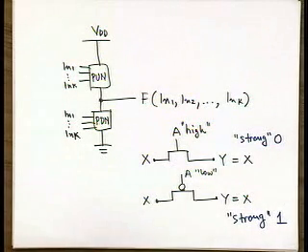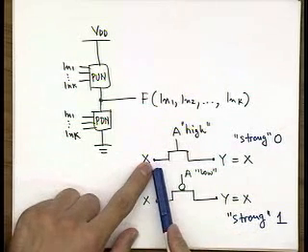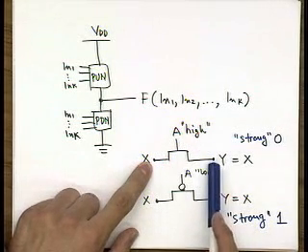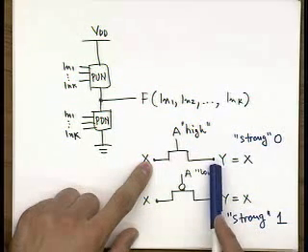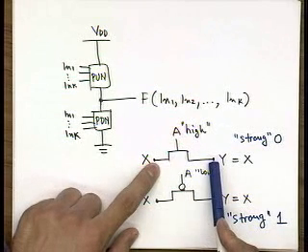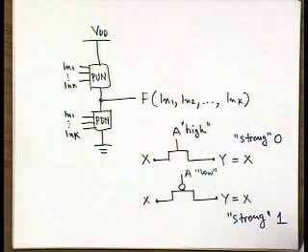You remember this because if you assume that X is high and A is high, then you can't reach higher than VDD minus VT over here. You have the threshold voltage drop from the NMOS. But when X is ground, then Y pulls down all the way to ground. So those are two fundamental things that we need to start from.